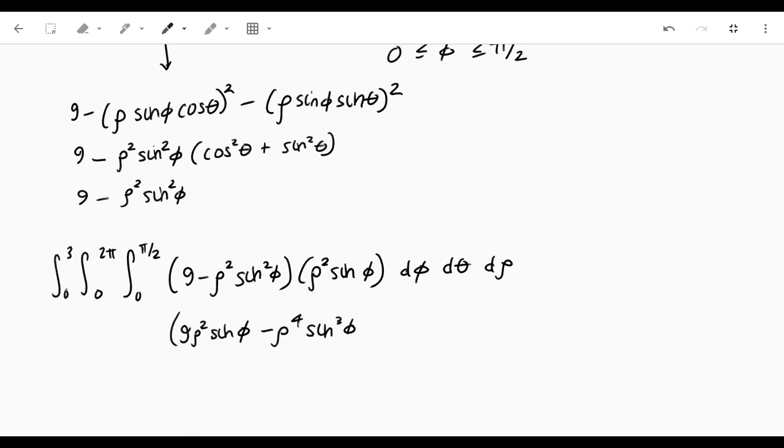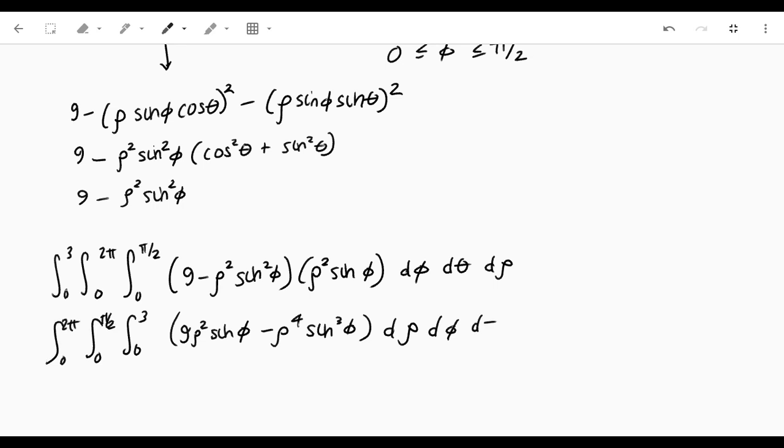Integrating sine cubed, I guess eventually I'm going to have to do it, but maybe I want to do it last once I've gotten rid of some other things. So I think the way that I ended up doing it in my work is I integrated with respect to rho first, actually, and then phi, and then theta.